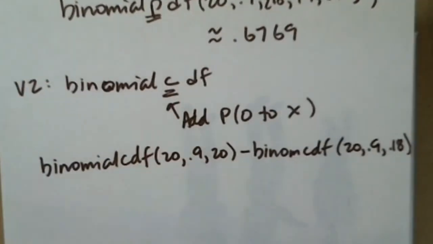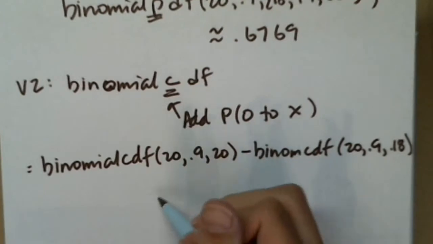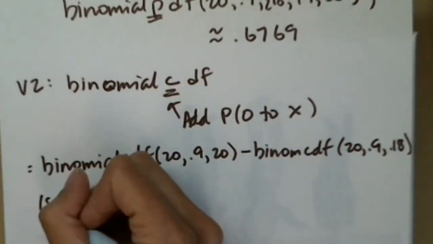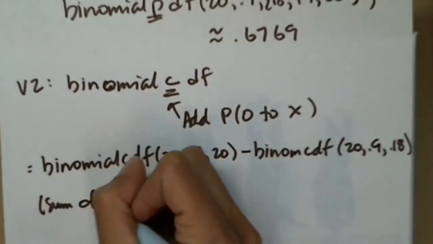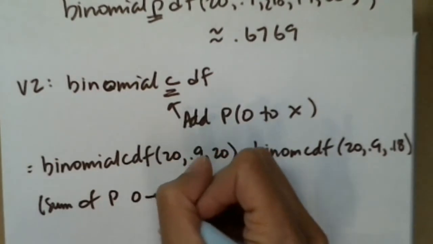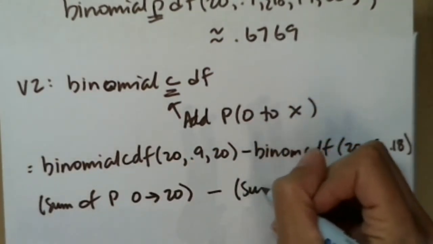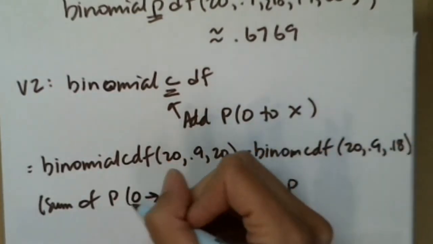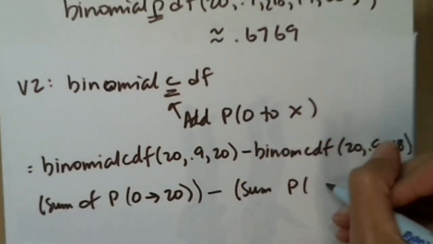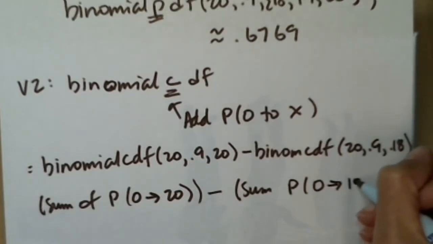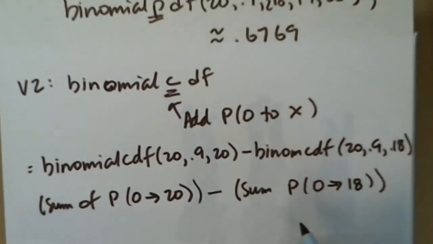Here's what I'm asking the calculator to do. This is the sum of probabilities for 0 to 20 minus the sum of the probabilities for 0 to 18. If you think about what I'm doing, oh, let's see.